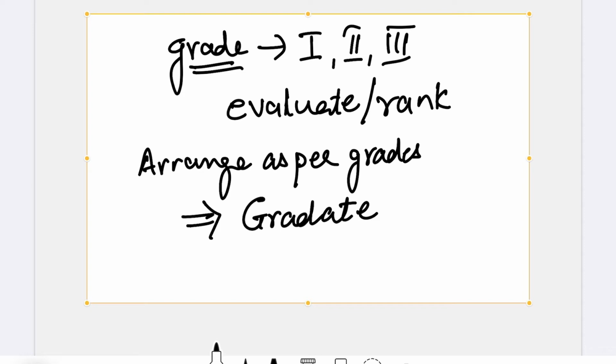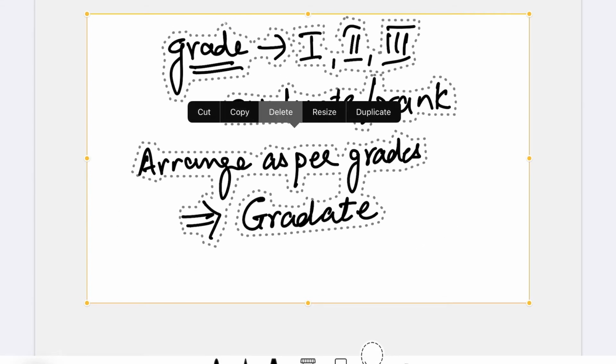Now, when we have learned so many words, let's move on to a bit more formal educational words. Let's see what these words are. The word is graduate. You can see the root word grad over here. Who is a graduate? A graduate is a person who earns a university degree.